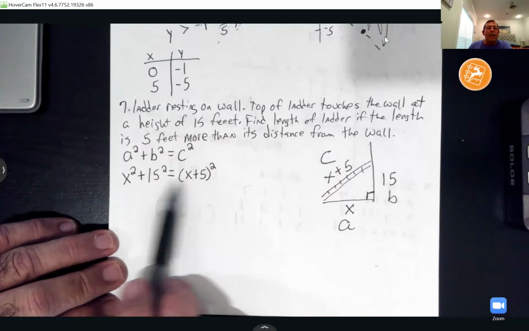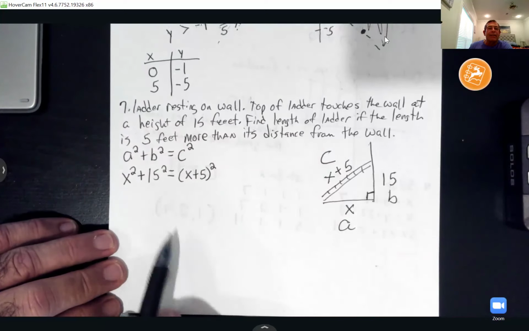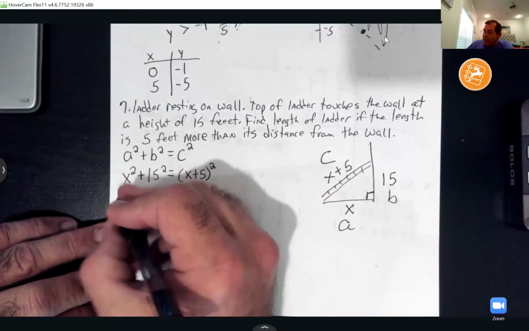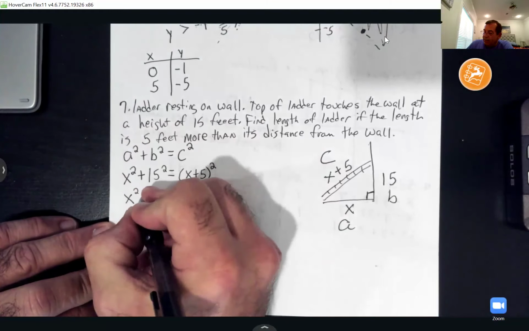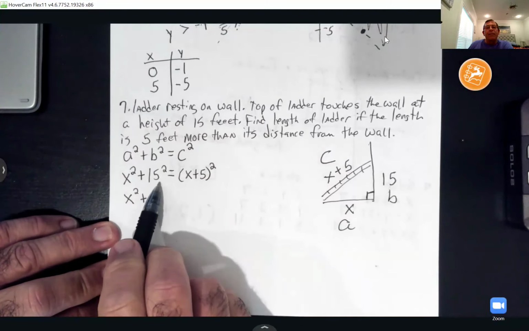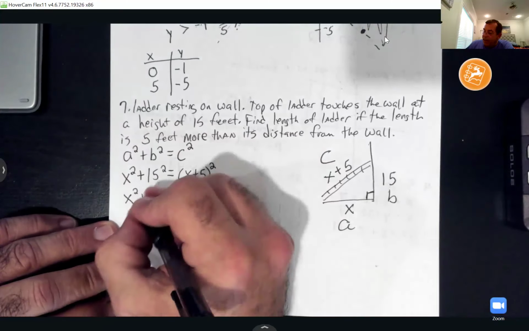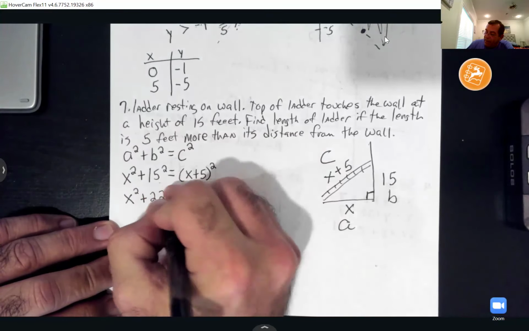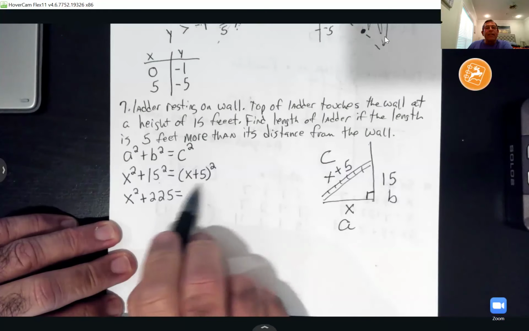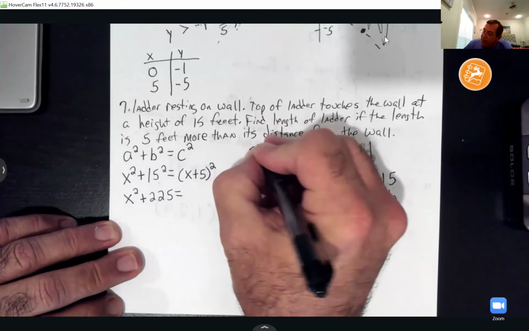So all we got to do now is solve this for the x. So I can't do nothing with the x squared yet. 15 squared, 15 times 15 is 225. Now this side, I'm going to FOIL that on the side, okay?